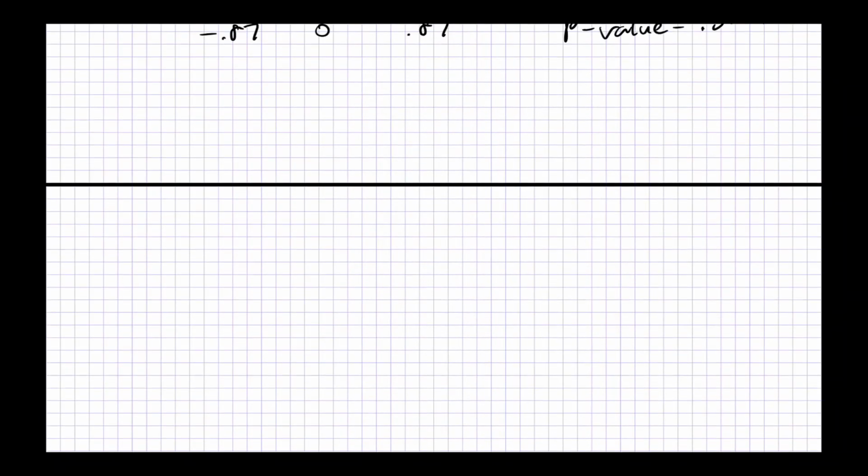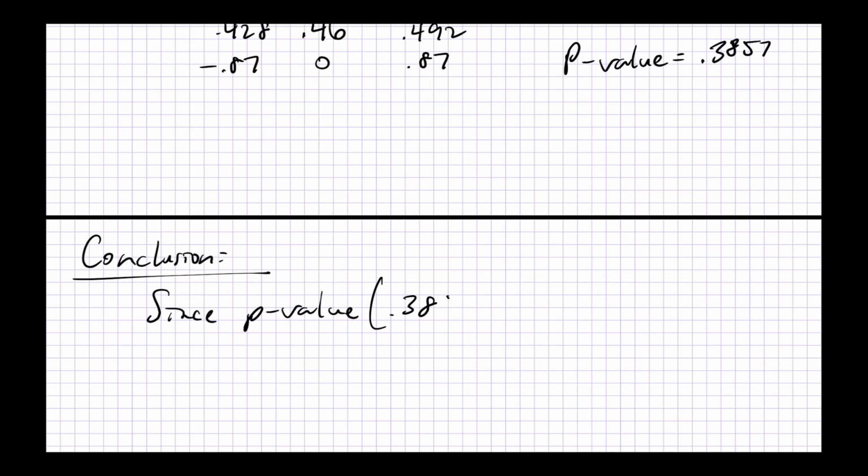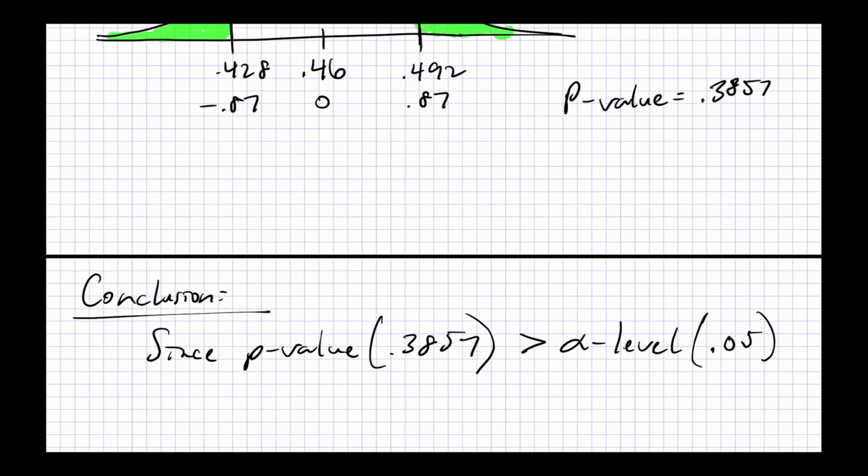Okay, so last thing is conclusion. Since the p-value 0.3857 is greater than alpha level or significance level of 0.05, quite a bit bigger.